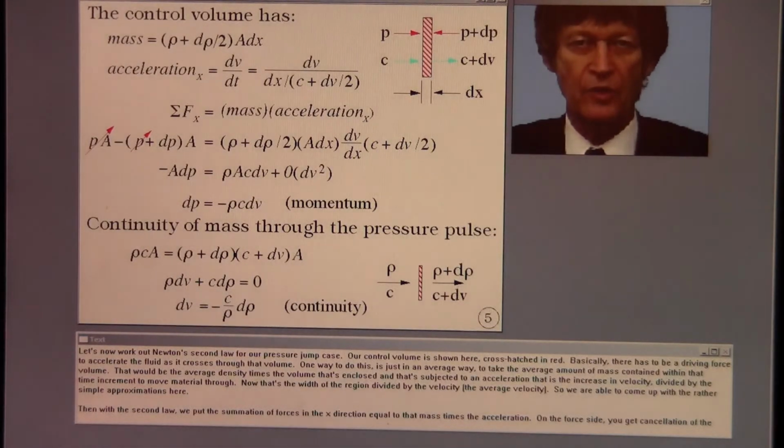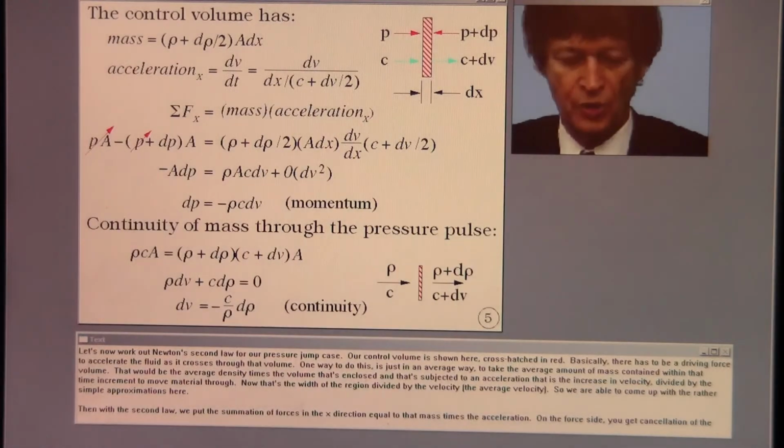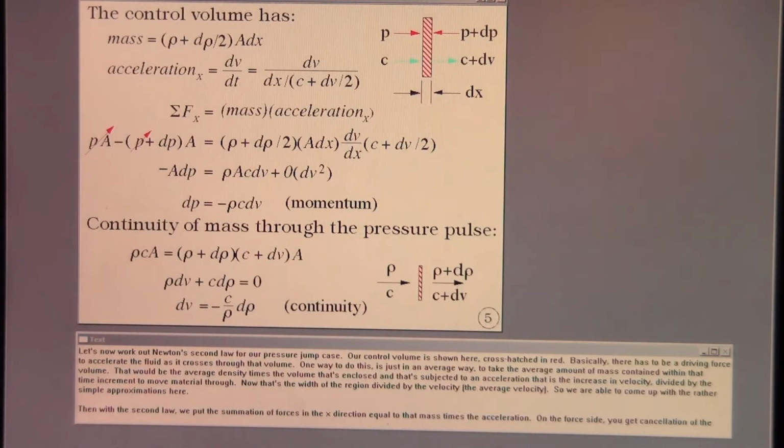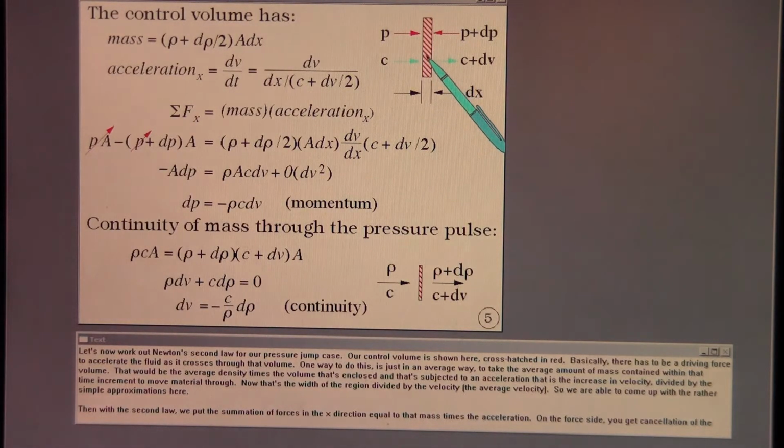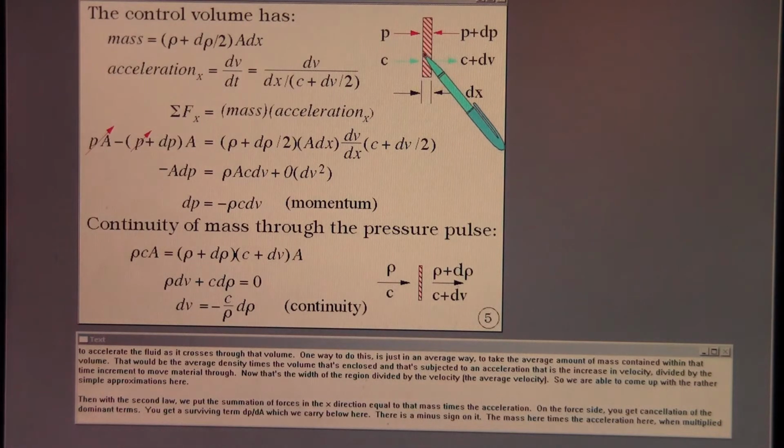Let's now work out Newton's second law for our pressure jump case. Our control volume is shown here, cross-hatched in red. Basically, there has to be a driving force to accelerate the fluid as it crosses through that volume. One way to do this is just in an average way to take the average amount of mass contained within that volume.